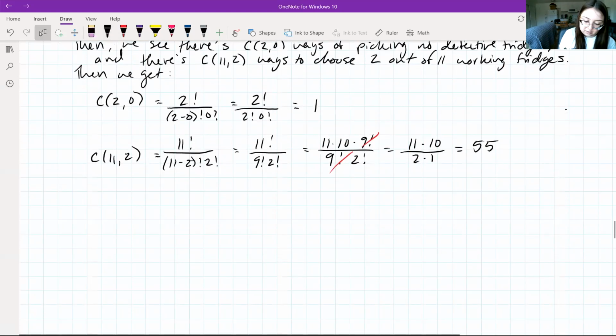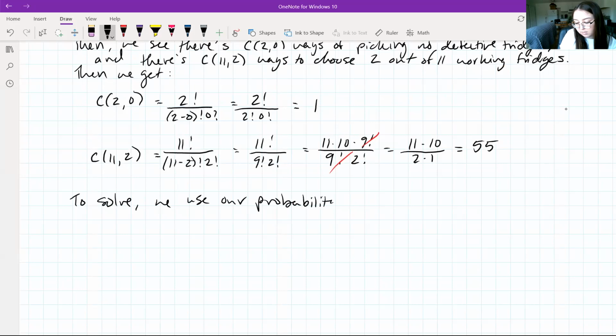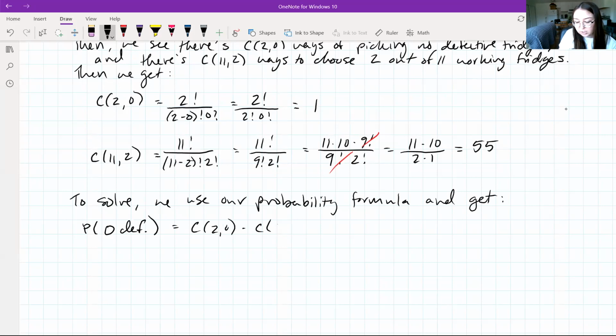So to solve, we use our probability formula and get the probability of having 0 defective, I'll write DEF for defective, equal to the combination of 2 comma 0 times the combination of 11 comma 2 divided by the combination of 13 comma 2.